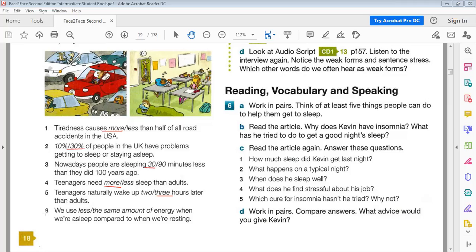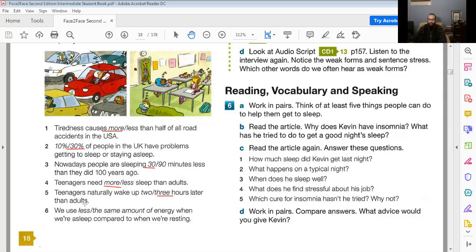And number 6, Sana, what do you think? We use the same amount of energy when we are asleep compared to when we are resting. Maybe less, I think. You think less? Or the same?